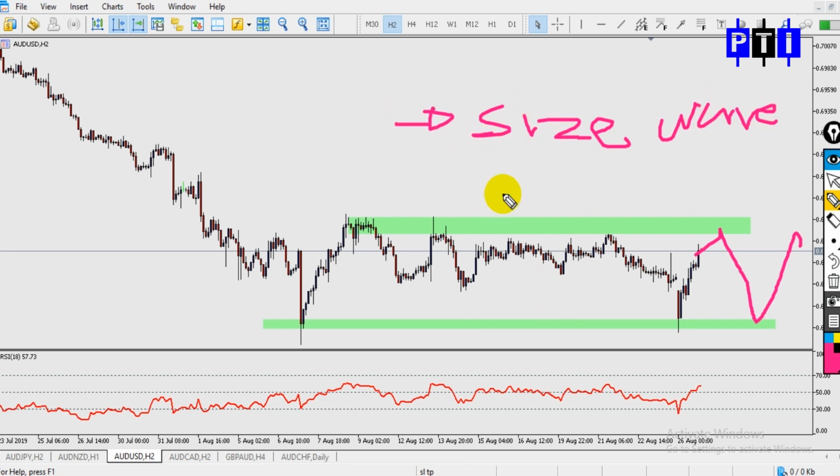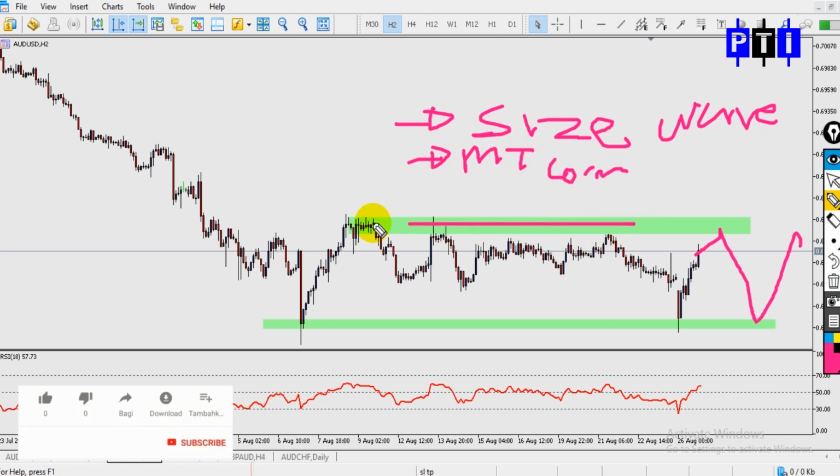Is it big enough that we can conclude this is a support or a resistance? Another thing, you need to use multiple time frame confirmation. If this is a resistance, is my higher time frame telling me the same story? If this is a true support, is my higher time frame telling me the same story?